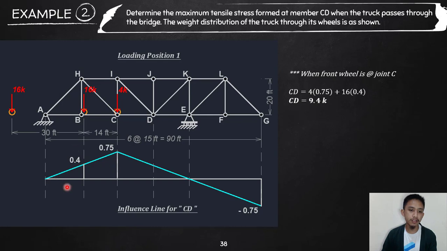By means of ratio and proportion, we can calculate that at a distance 14 feet from this point C, or at a distance 16 from this joint A, the corresponding ordinate will be 0.4. You can check that one. That is just ratio and proportion. Then that is what we will be multiplying with your 16, and this 0.75 is what we will be multiplying with 4 kips.